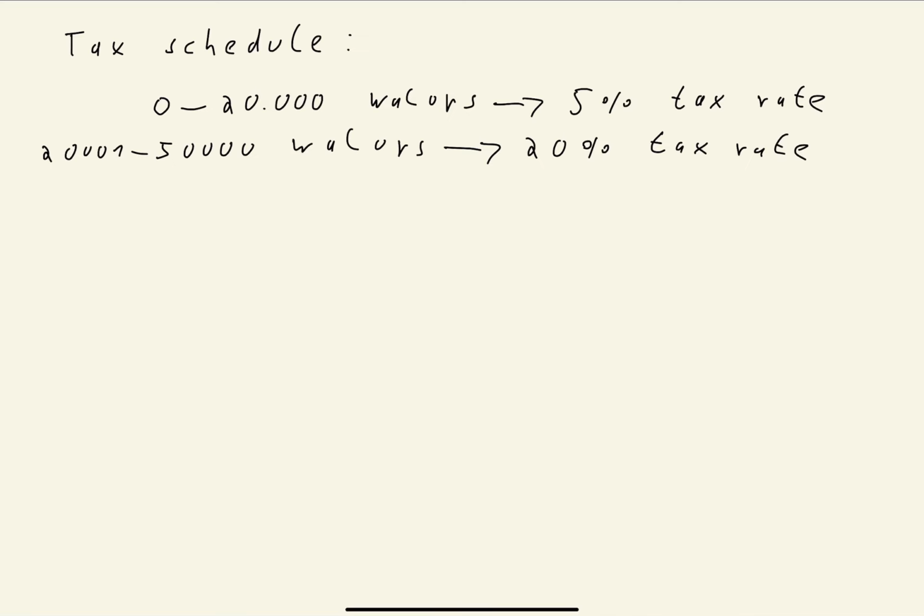And finally, for anything above 50,000, so starting from 50,000 and 1 valoop until, let's call it infinity, in this case we have 50% taxes.